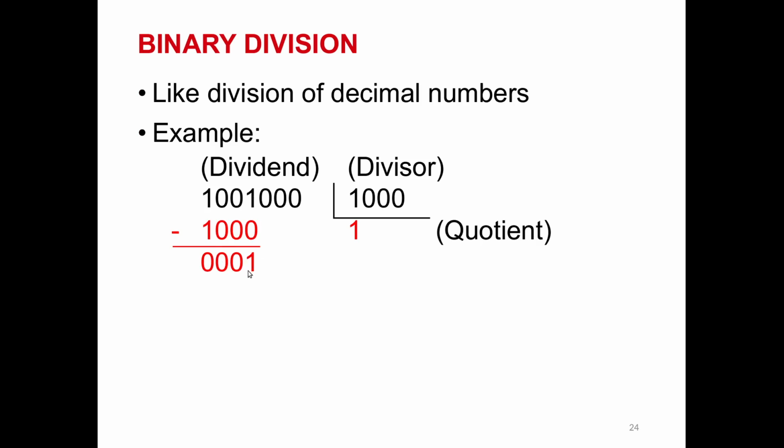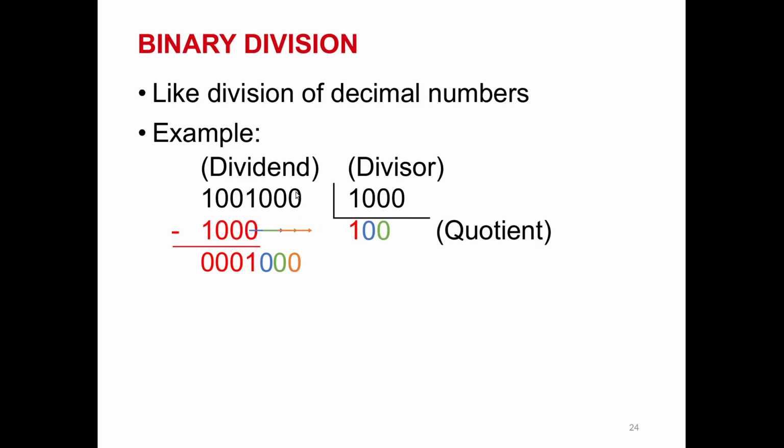Then we take down this bit 0 here, and the remainder is still smaller than the divisor, and so you need to add 0 here as the quotient. Another 0 will be taken down here, and it is still smaller than the divisor, and so another 0 here.